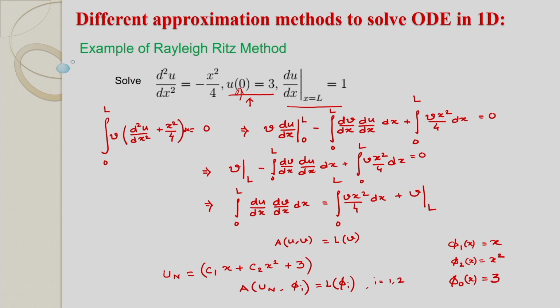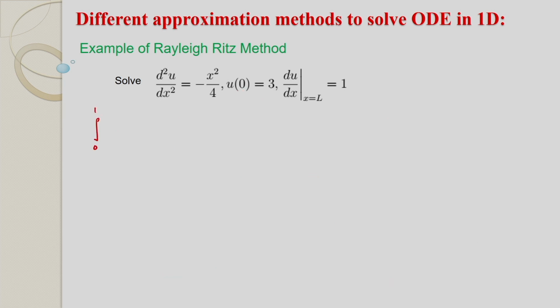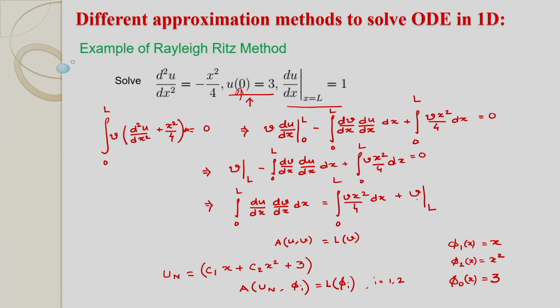So, if we write that, integral 0 to L dun dx d phi I dx equal to, so that is the LHS, phi I x square by 4 dx 0 to L plus v at x equal to L. So I am replacing v by phi I and u by this un.